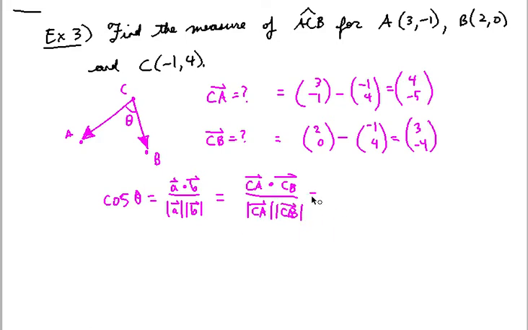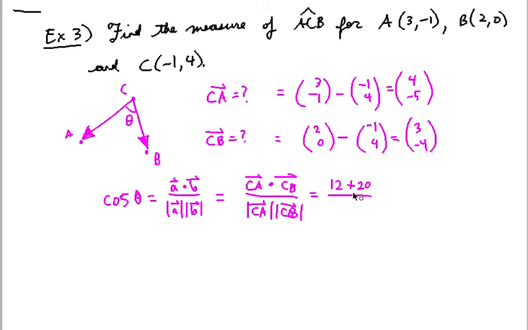Okay, and this would become then, let's see, CA dotted with CB is what I need to find, right? So let's do that on top here. CA dotted with CB is, I multiply the x components together, so that'd be 12, plus these two multiplied together. So be careful with your signs here, it's easy to get these confused.